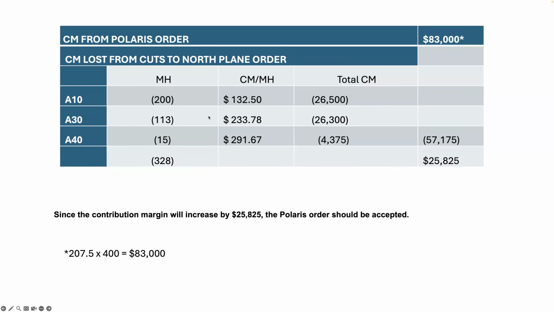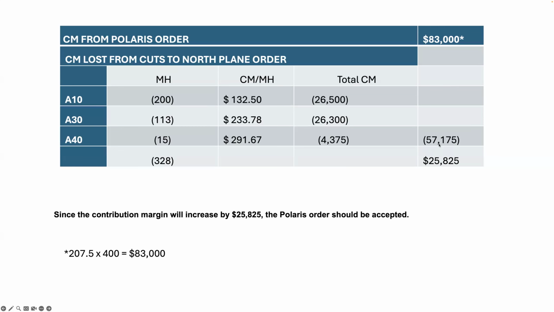We have calculated the contribution margin per machine hour, so we can calculate the loss of contribution margin for each component. In total, we lost $57,175 of contribution margin because we have to cut down the production for North Plane.